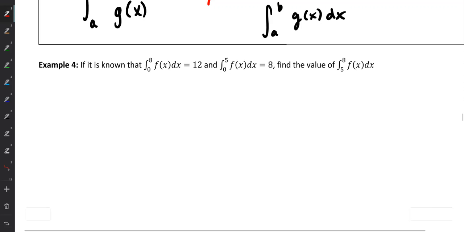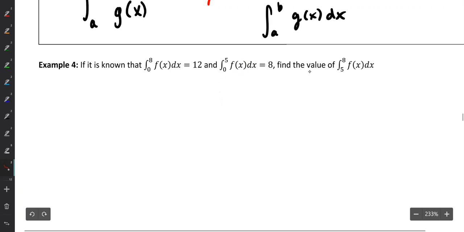So, if it is known that the integral from 0 to 8 of f of x dx is 12, in other words, we know the area under the curve f as x goes from 0 to 8 is 12, and we know the integral as x goes from 0 to 5 of f of x dx is 8. In other words, the area under f as x goes from 0 to 5 is 8.